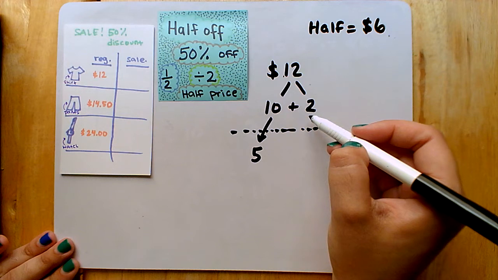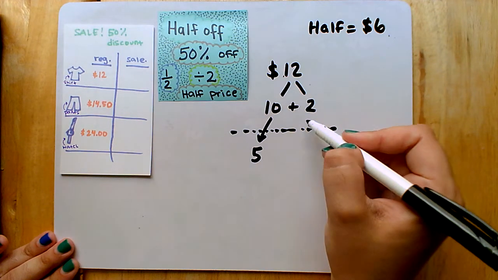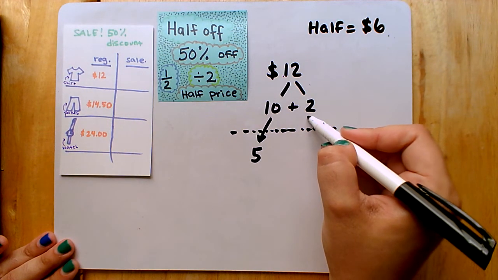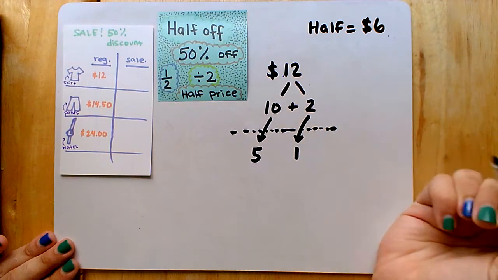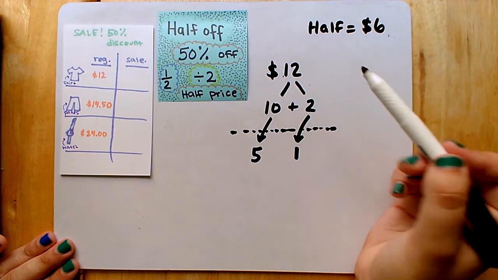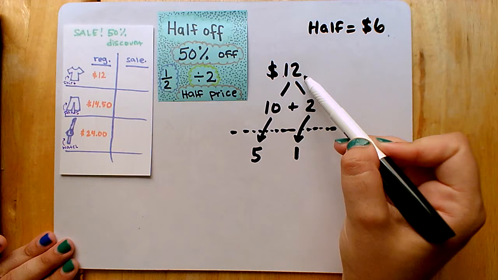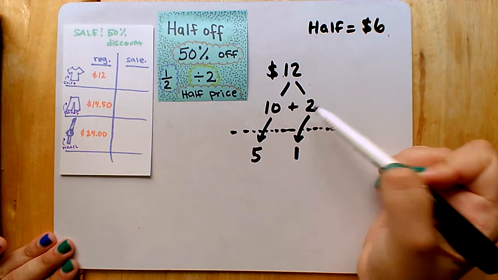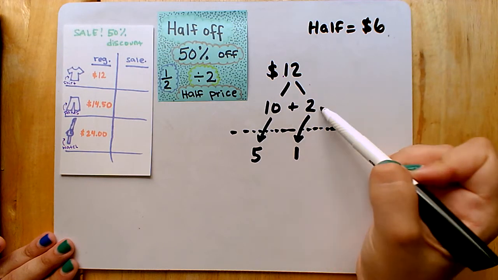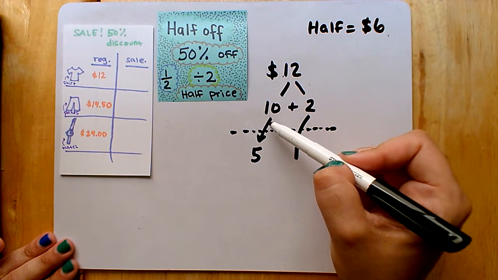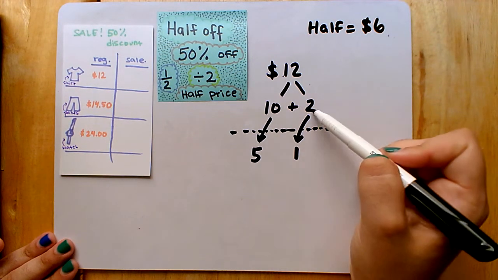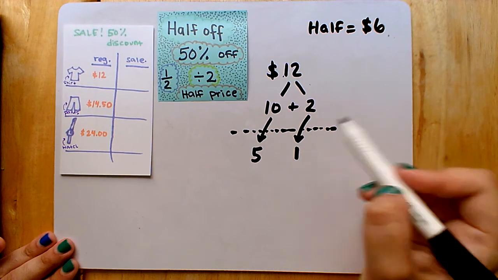Now I'm going to take this 2, another number that's pretty familiar, split it in half. Well, if I split it evenly in 2 groups, each group gets 1. I've taken my 12 and I treated it like 10 and 2. Still 12. Then I took each part and I broke it in half. Half of 10 was 5. Half of 2 was 1.